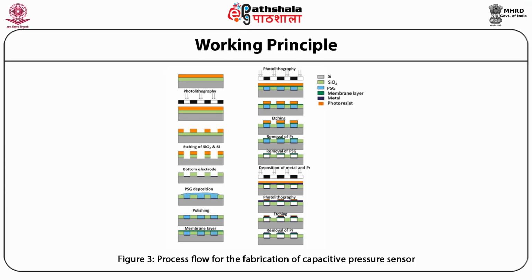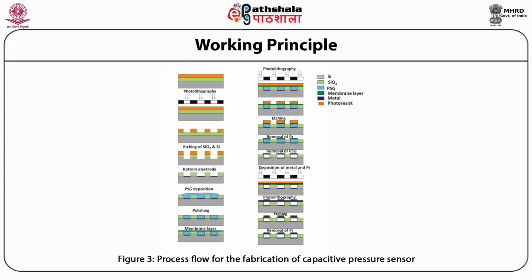So students, we get the polishing condition after the PSG deposition. In case of polishing, the extra photoresist should be removed and it becomes smooth. Finally, a membrane layer is deposited on the fabricated device.